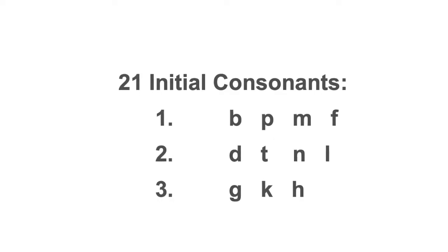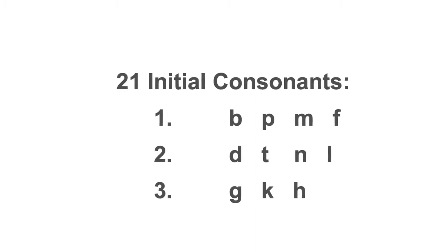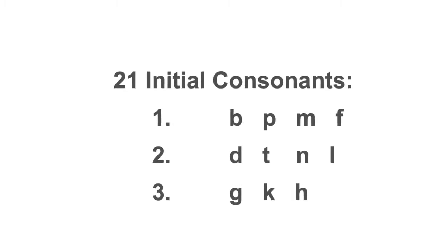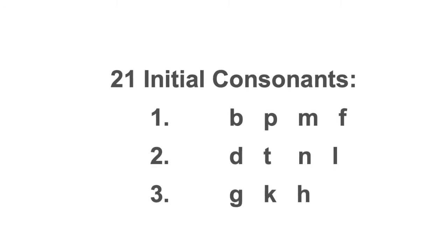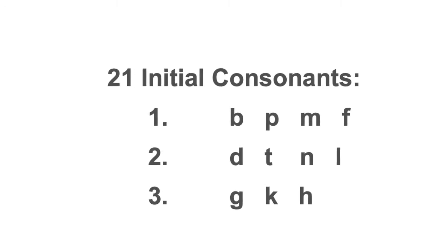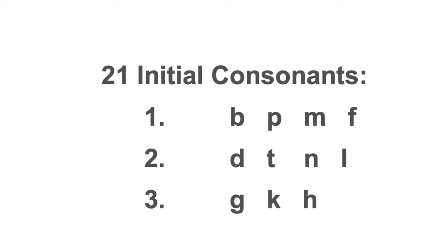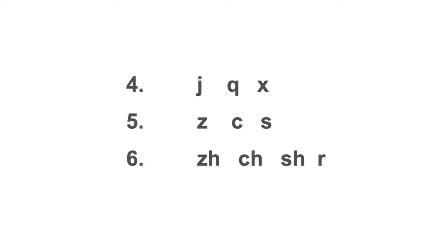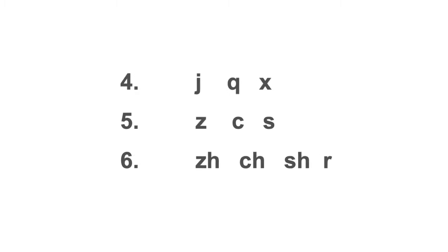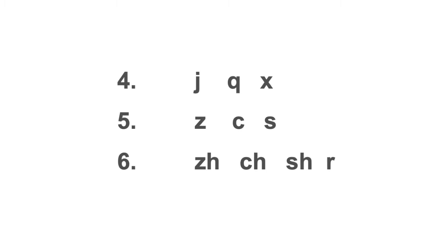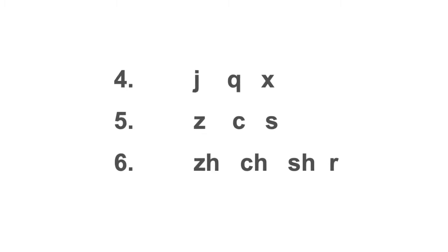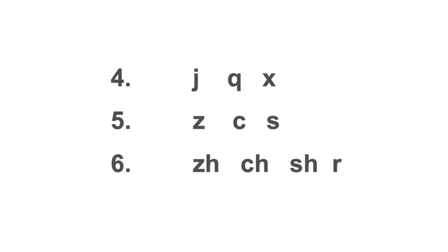21 initials. Bo, po, mo, fo, de, te, ne, le, ge, ke, he, ji, qi, xi, zi, ci, si, zhi, chi, shi, ri.